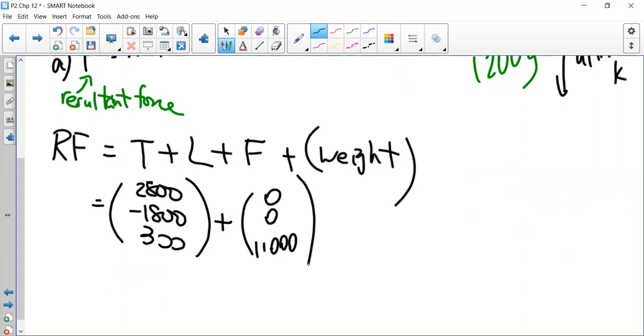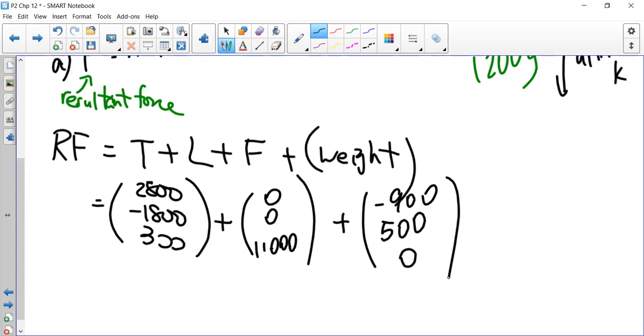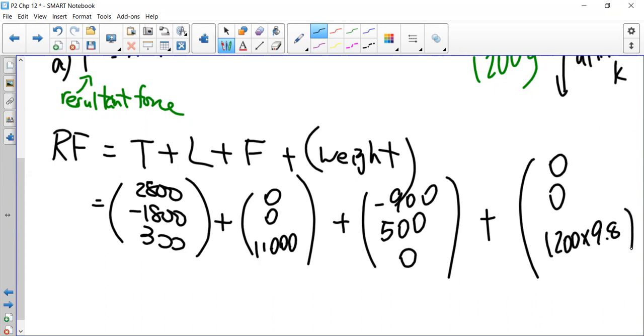Plus F: minus 900 on i, 500 on j, and 0 on k. Plus the weight. Now the weight is mg, so it's on k, so 0, 0, 1,200 times 9.8, but because it's pointing downwards, it's negative.